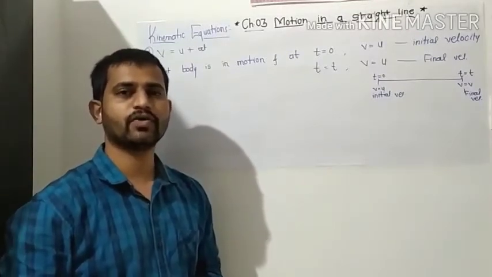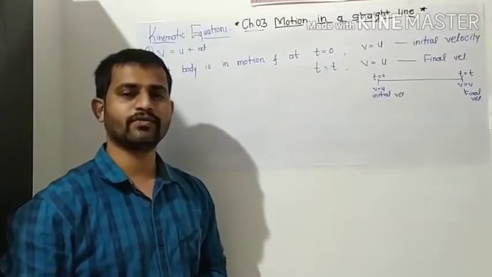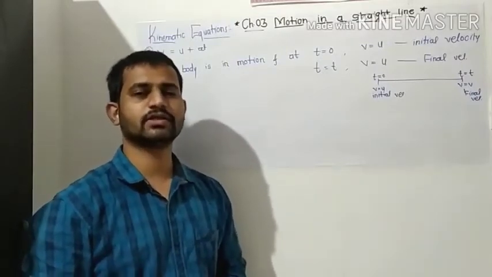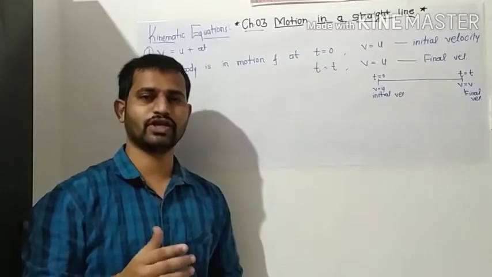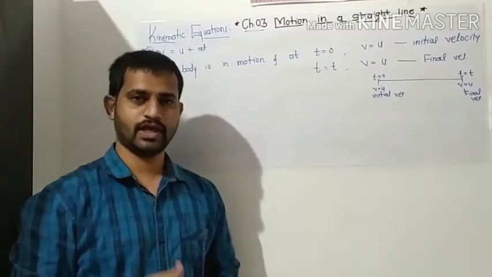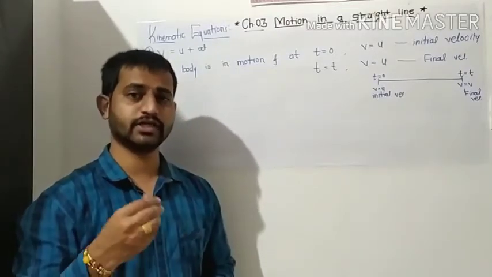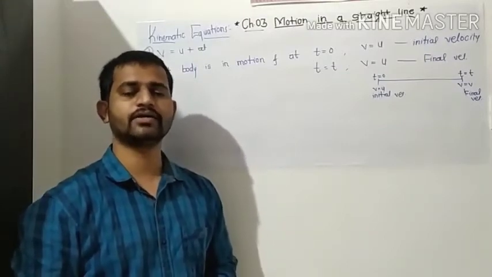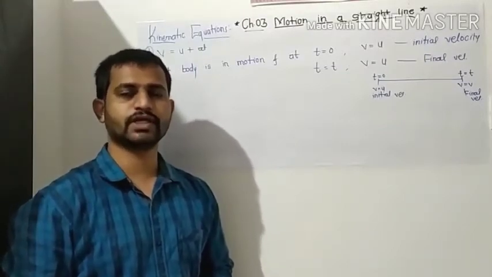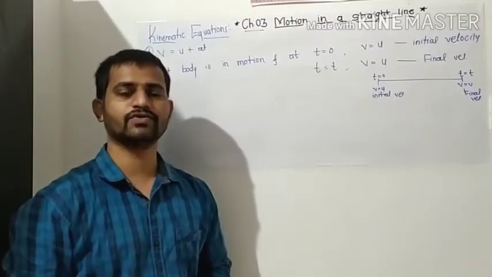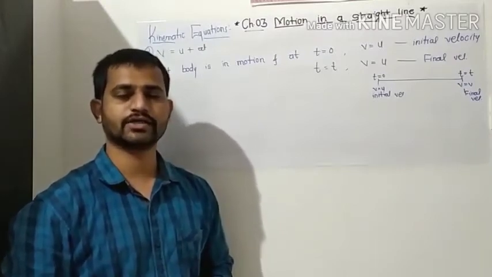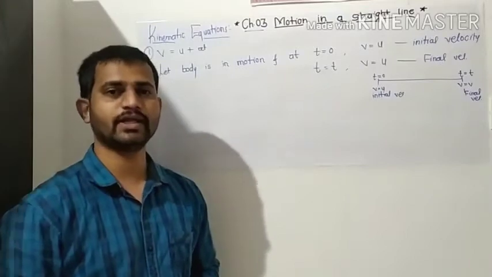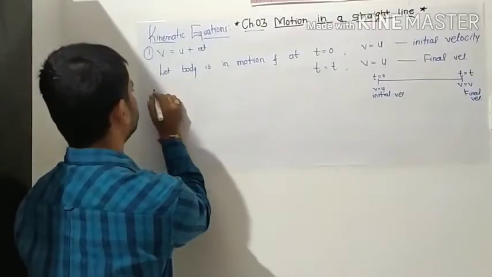For that purpose we take the slope of that vt curve, and slope gives us the formula a is equal to dv by dt. Acceleration is nothing but the change in the velocity with respect to time, and in the graph also we have seen that the slope of that graph gives us the value of the acceleration.